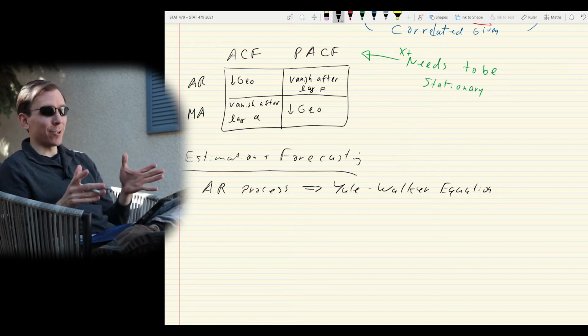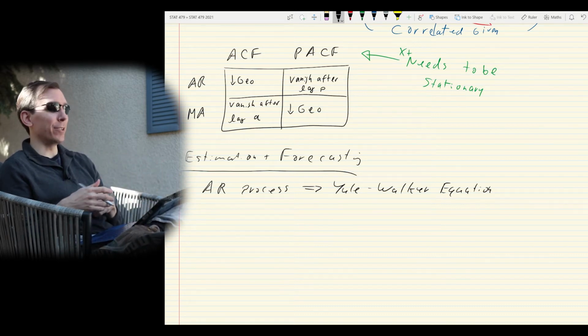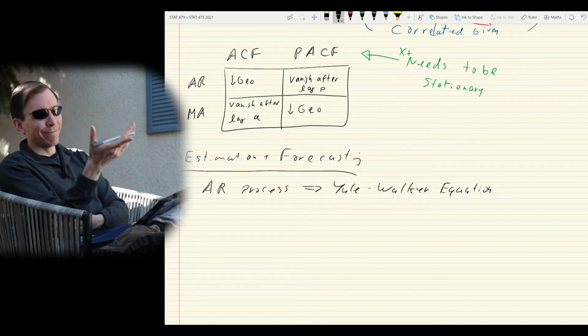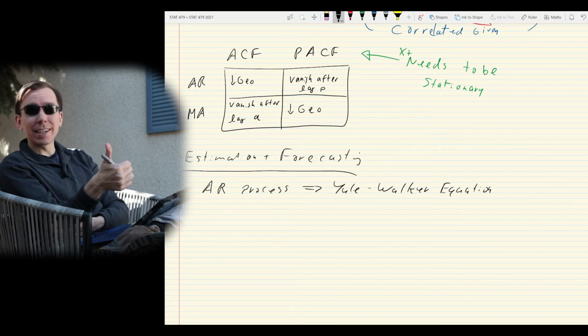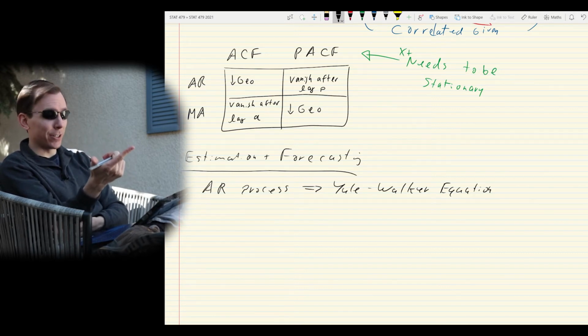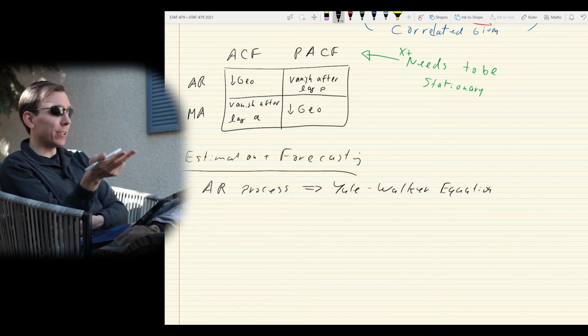They're really nice to work with. They're easy to compute. You can do it by hand, as you had to do in one of your assignments. And you can estimate your parameters. You can use things like AIC to determine how many terms you should include in your model. And ultimately, you can do forecasting.